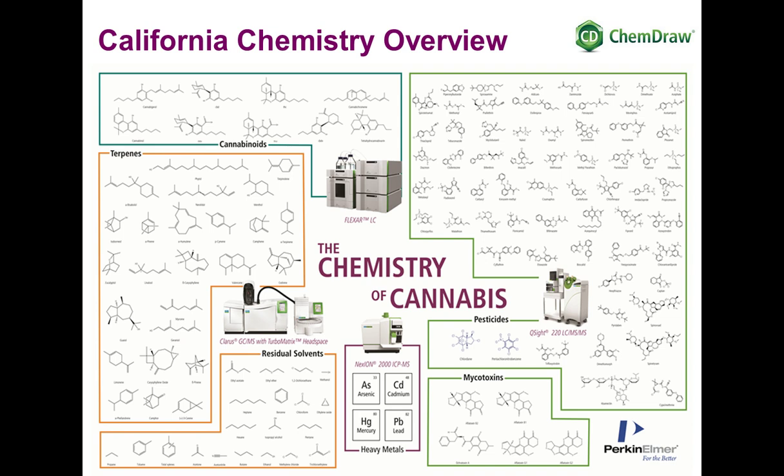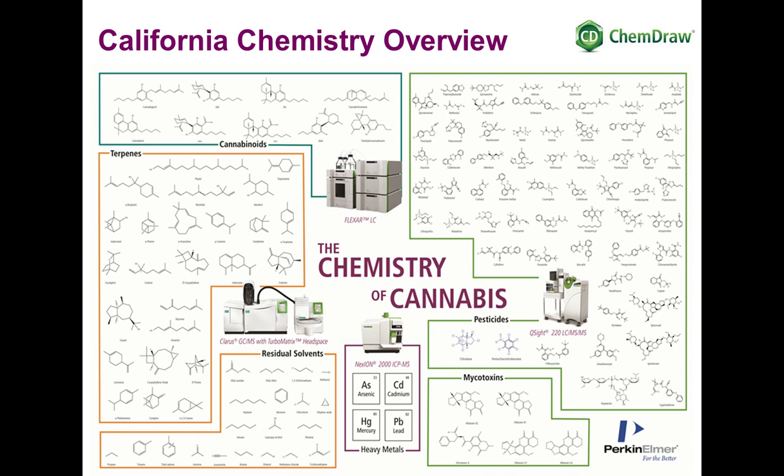So where I'd like to start is a quick snapshot of the chemistry involved in the California market. I've chosen California because it has a fairly comprehensive and well thought out list of chemistries that people have to test for to be compliant in their market.